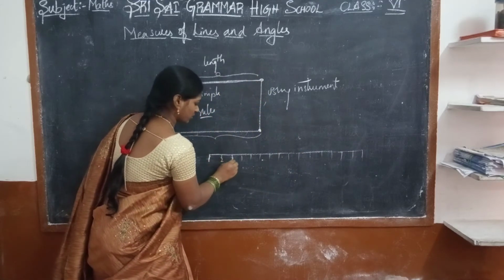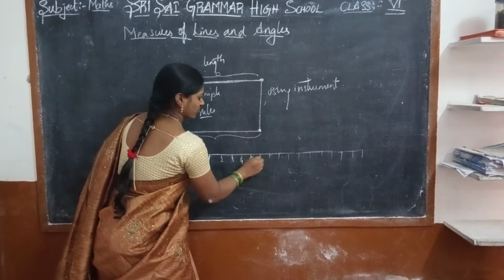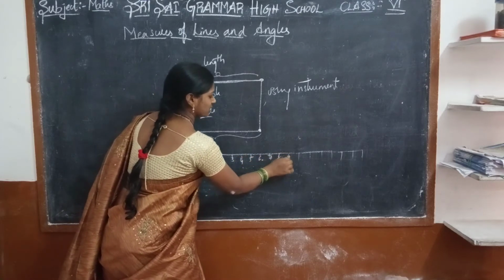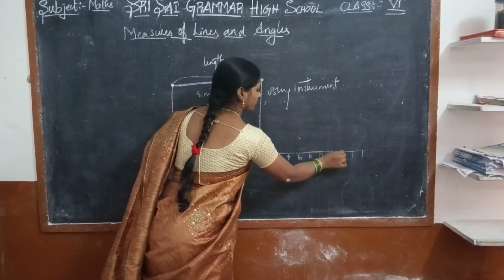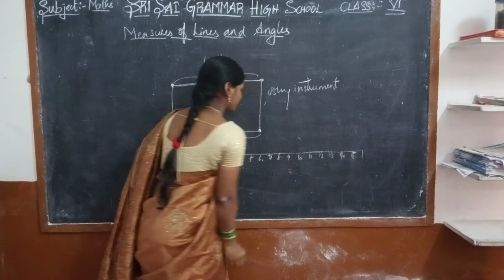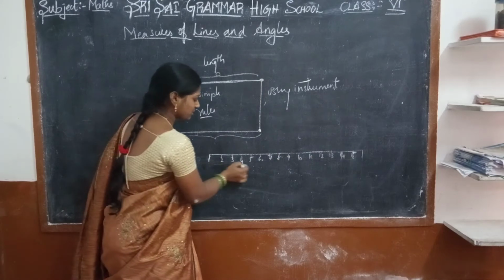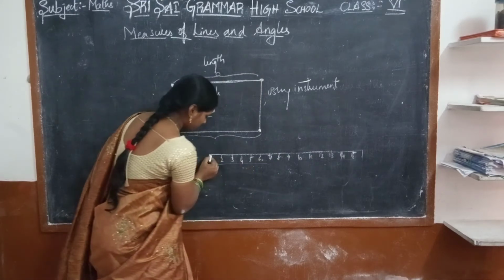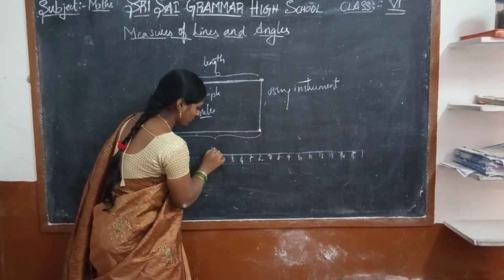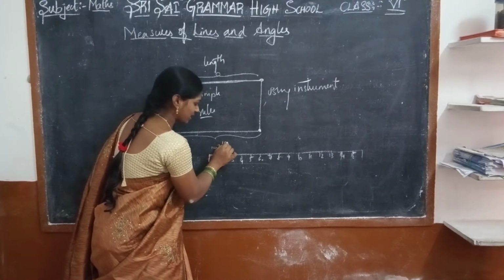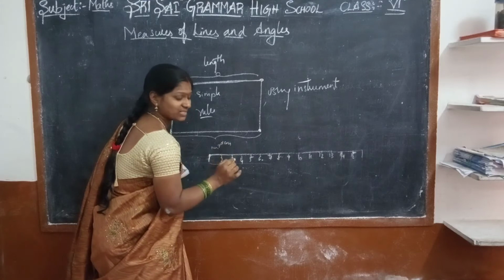One, two, three, four, five, 6, 7, 8, 9, 10, 11, 12, 13, 14, 15. Yes. And this 1 to 2 is called 1 unit. That is 1 centimeter.